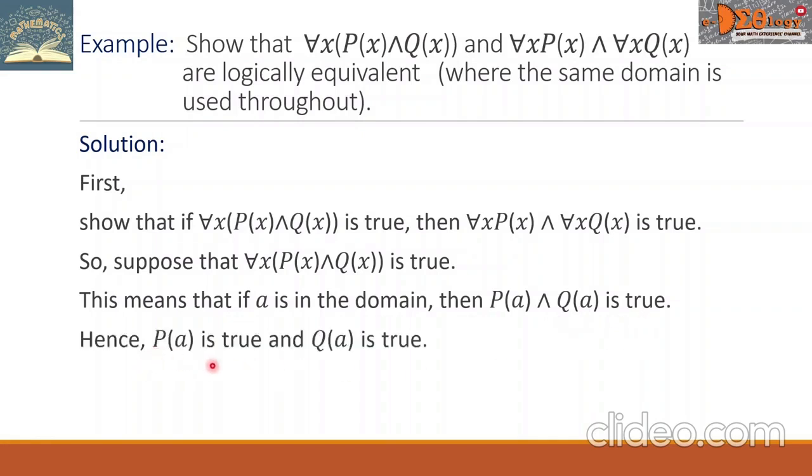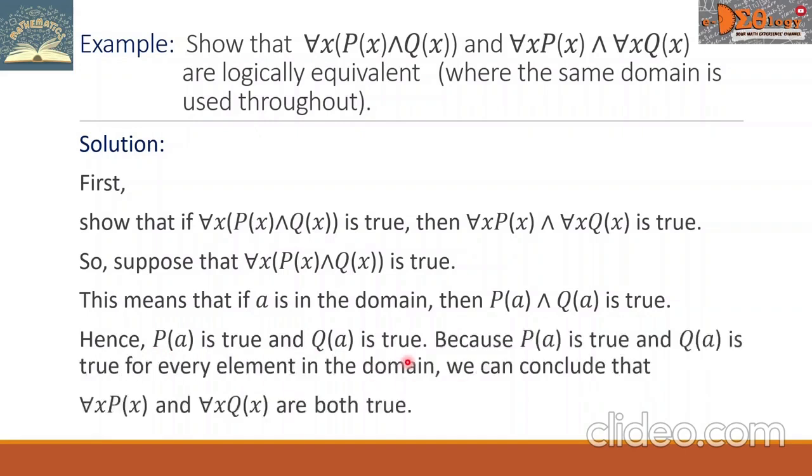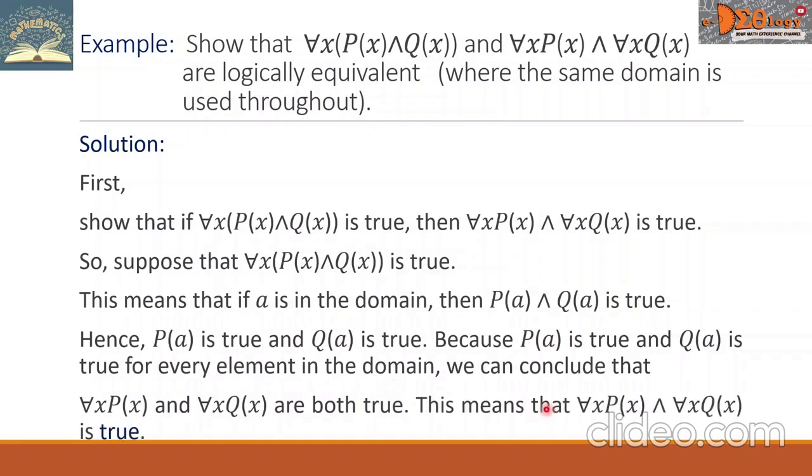Hence, P of A is true and Q of A is true. Because P of A is true and Q of A is true for every element in the domain, we can conclude that for all x, P of x, and for all x, Q of x are both true. This means that the conjunction for all x, P of x, and for all x, Q of x is true.